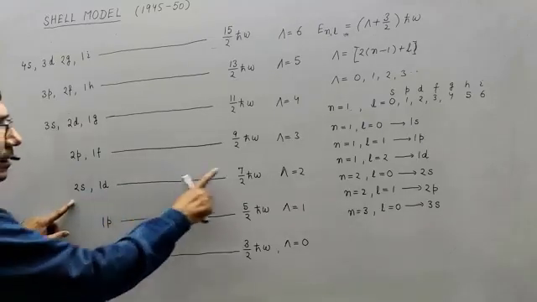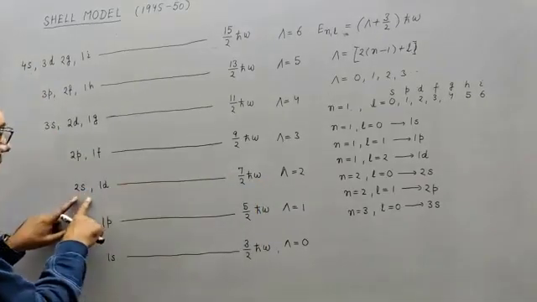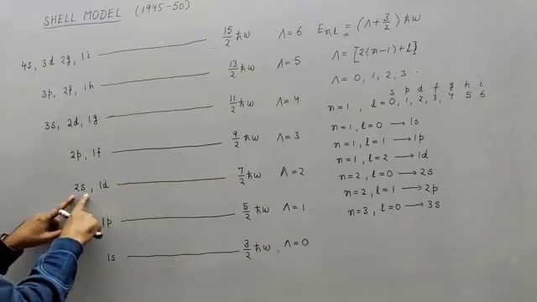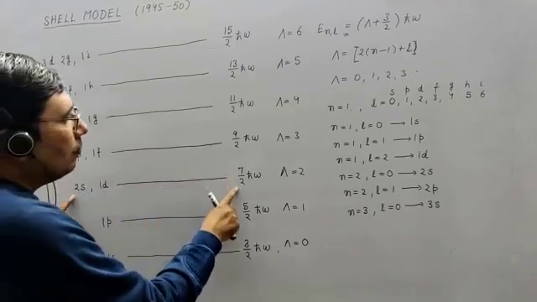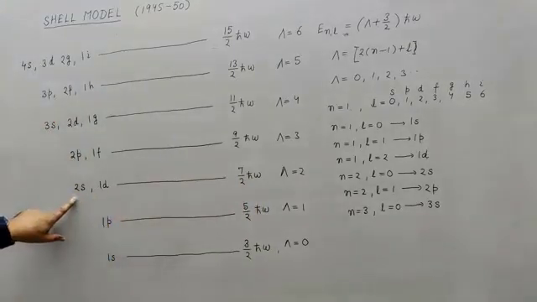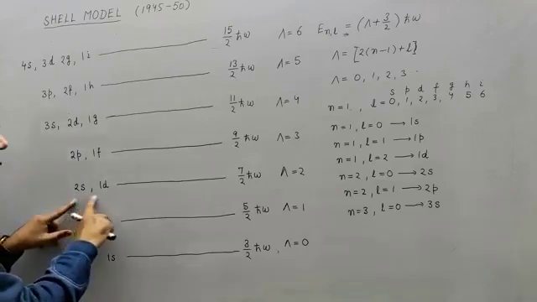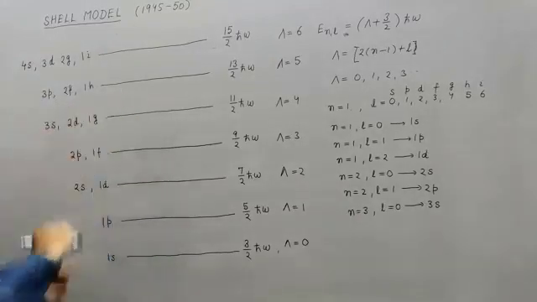This is the 7 by 2 h cross omega energy level, but both these sublevels, 2s and 1d, have equal energy, 7 by 2 h cross omega. So they are known as degenerate energy levels. Their energy is equal. However, their n and l values are different, but they represent the same energy level. So there is a degeneracy that is introduced here.